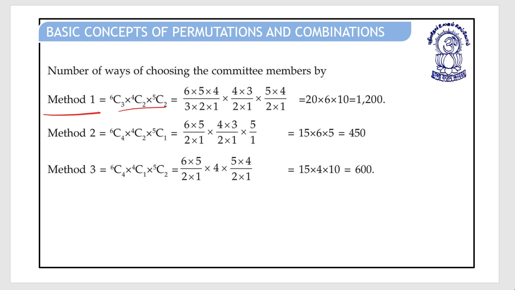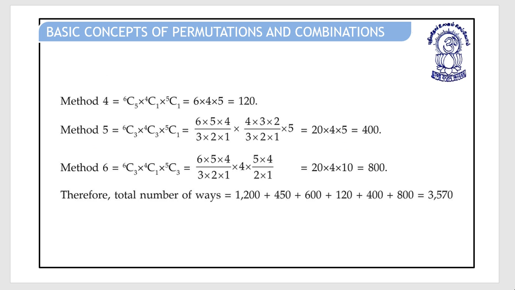So you will get in method 1 1200, in method 2 450, method 3 600, method 4 120, method 5 400, and method 6 800. Now total number of ways, add all the methods: 1200 plus 450 plus 600 plus 120 plus 400 plus 800 is equal to 3570. Okay.